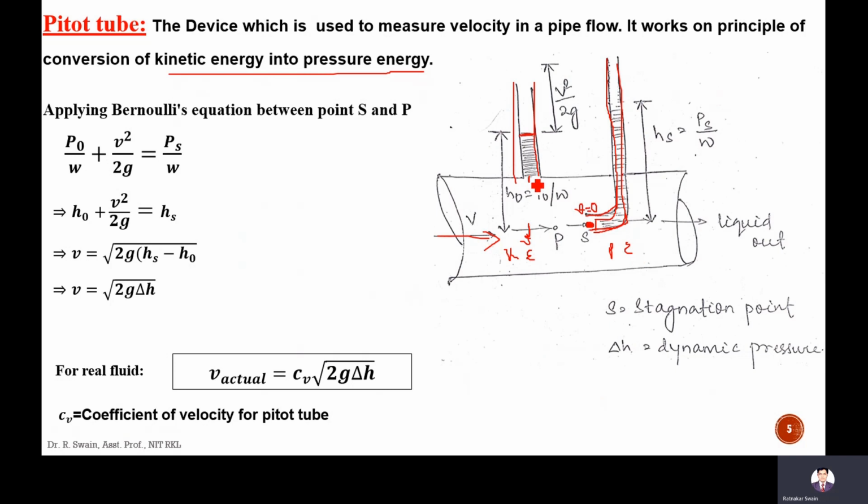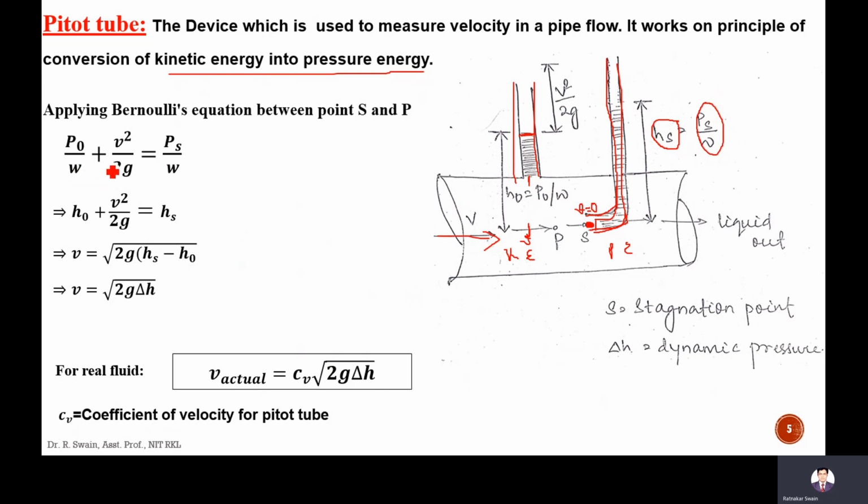If we apply Bernoulli's equation between these two points, here it will be P naught by rho g plus V square by 2g. At this point there is some pressure head and kinetic head, that is V square by 2g. Here there is no kinetic head, which is 0, only pressure head. That is, HS is the pressure head at the stagnation point, which is PS by rho g.